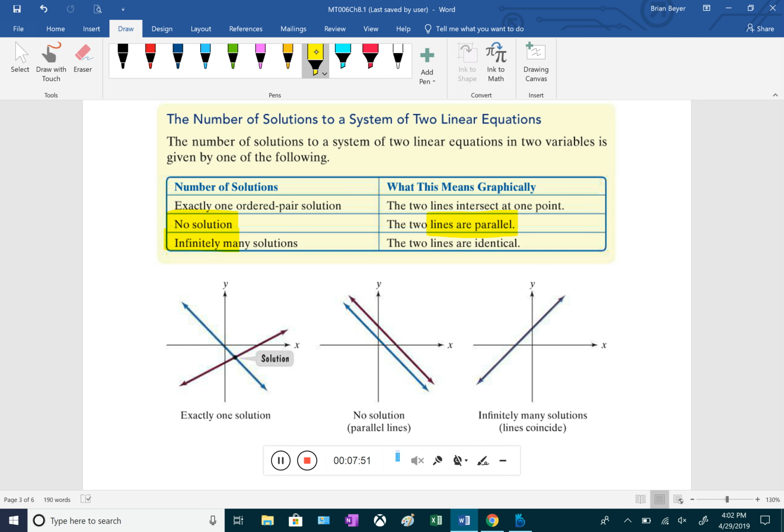If there's infinitely many solutions, that means the 2 lines are actually the same exact line, so they're identical, so they fall right on top of each other. So these are the 3 different cases here. And you can see down here in their graphs, here's 1 solution down here. Here's the lines being parallel, and here are the lines directly on top of each other.